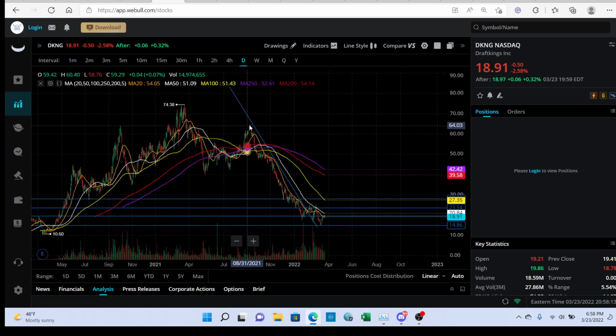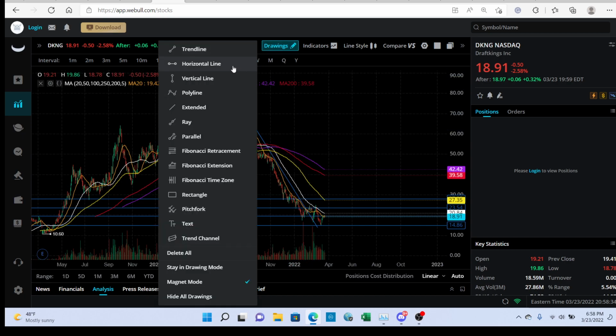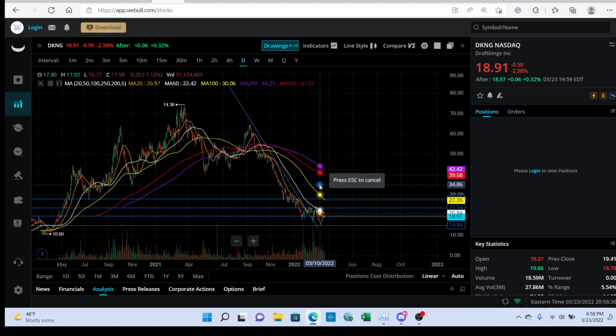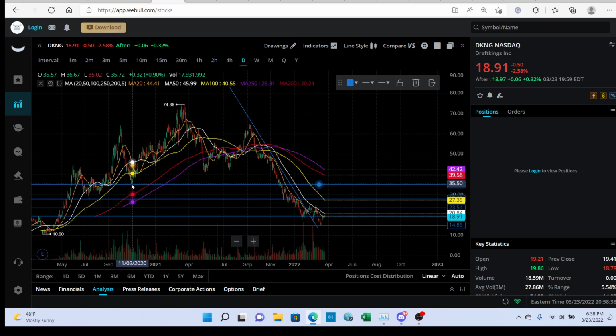So you can see we really started fading right here into September. And since then, it's just been straight down. So if we get above this point right here, which is about 28.10, we could potentially move all the way up here to 34.23. That'll be right here. And it coincides with this support right here.